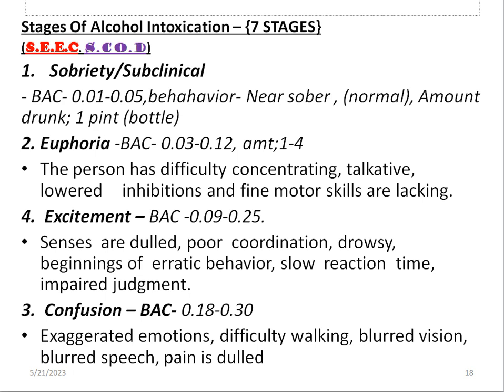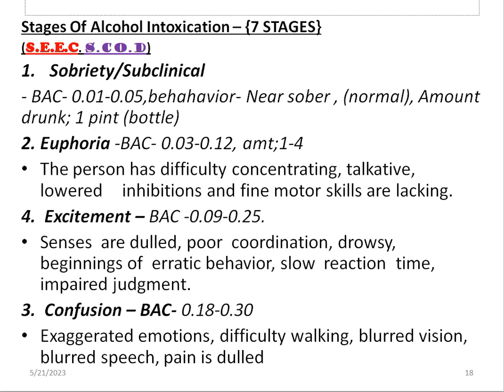Then the second stage is euphoria. Blood alcohol content in euphoria will range from 0.03 to 0.12. The amount of beer that could have been consumed could be 1 to 4 pints or 1 to 4 bottles.